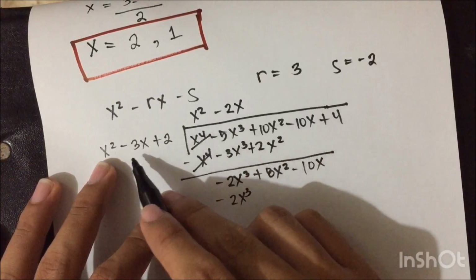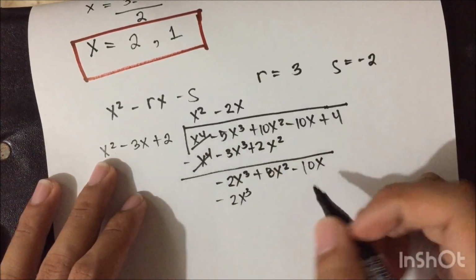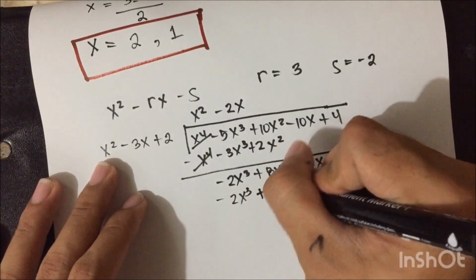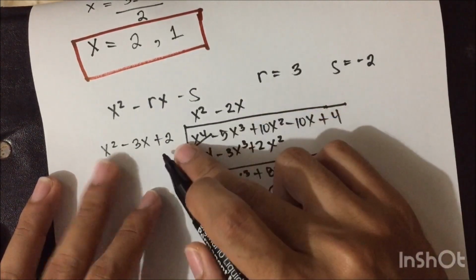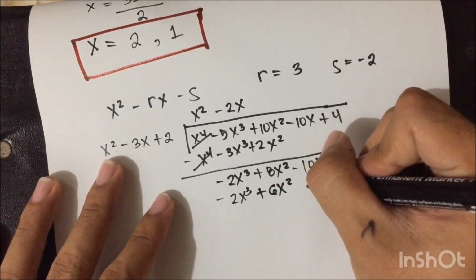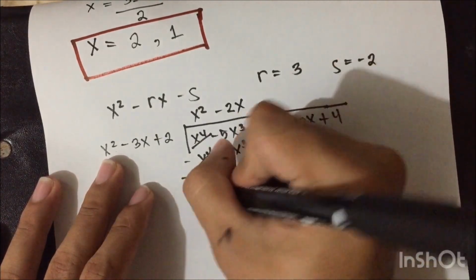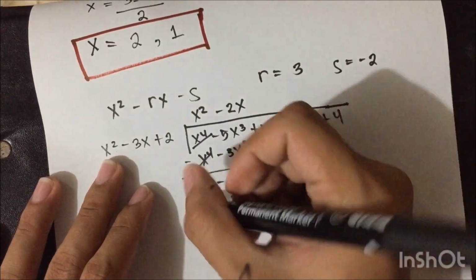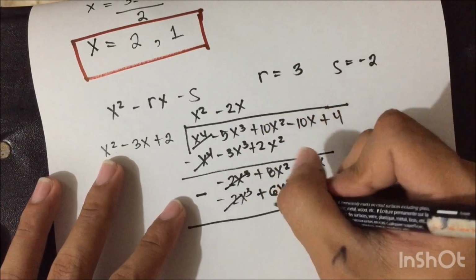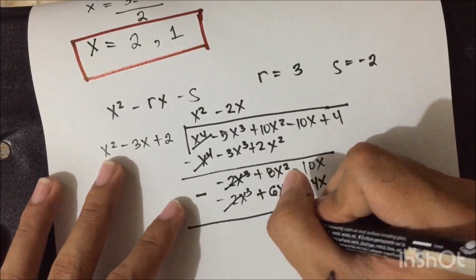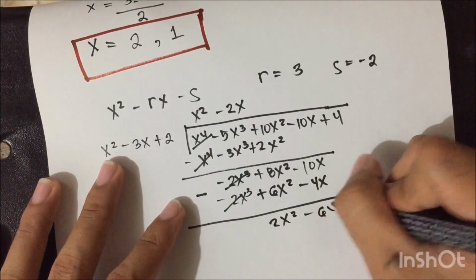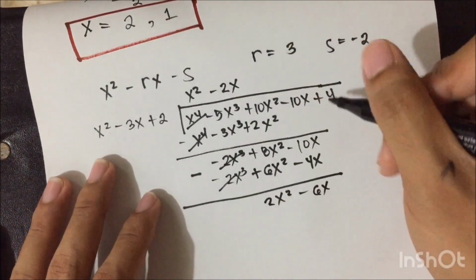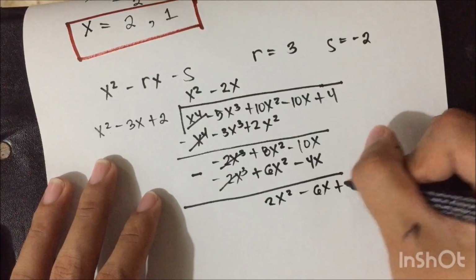Then negative 2x times negative 3x is positive 6x squared. And then negative 2x times 2 is negative 4x. And again, minus natin. So makakancel to. Then we have 2x squared minus 6x. And again, last term, bring down natin, plus 4.